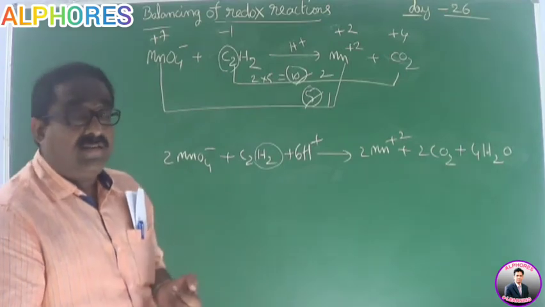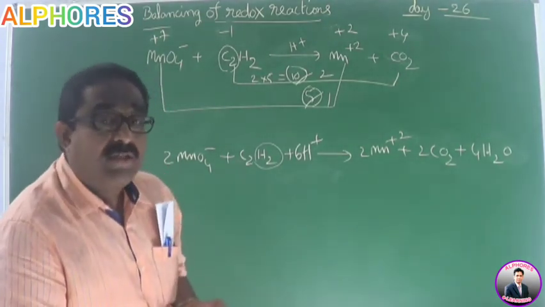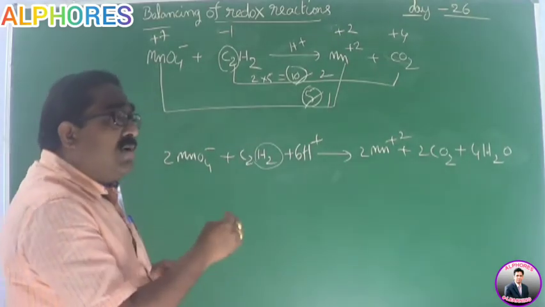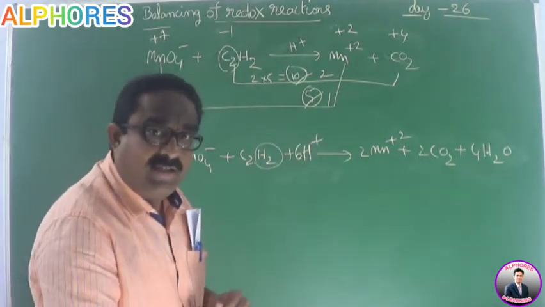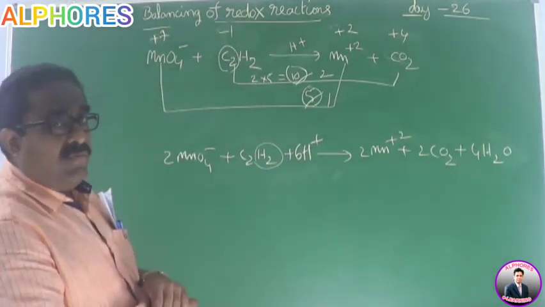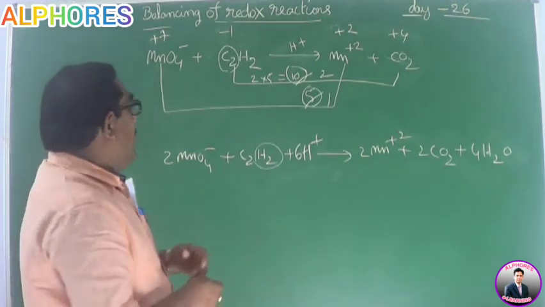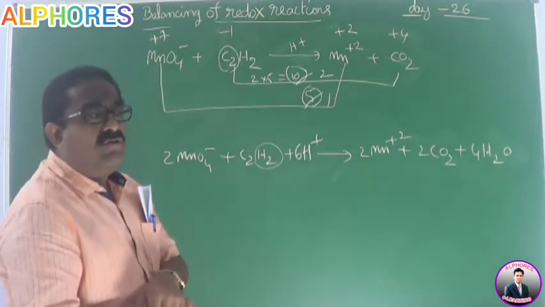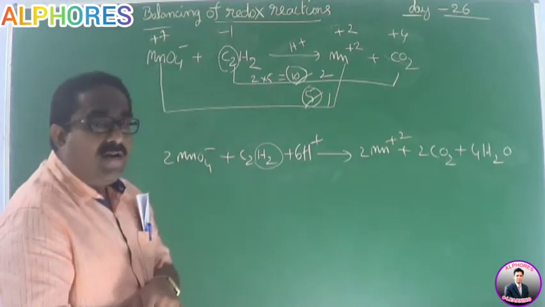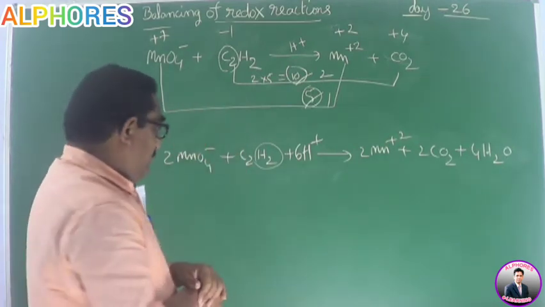It is better to remember, for solving objective questions, in which medium it changes from which oxidation state to which oxidation state. After observing 3 or 4 reactions, we can simply come to the conclusion that permanganate will always be reduced to Mn plus 2 in acidic medium. So please record that into your brain.